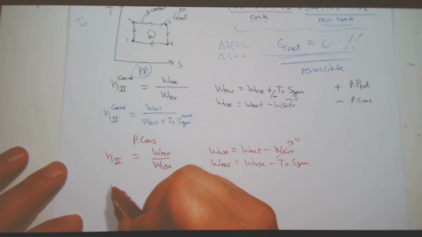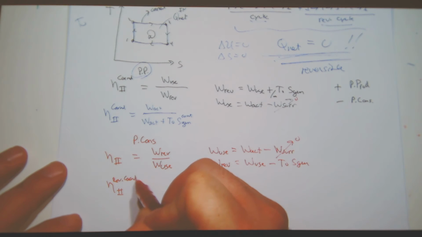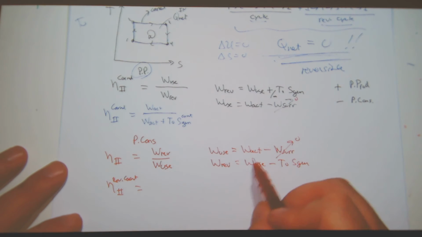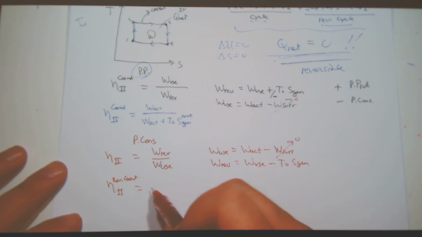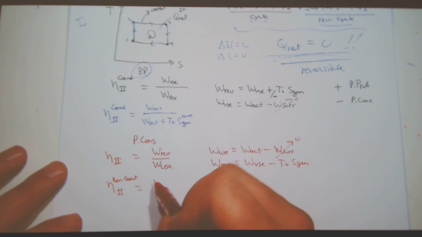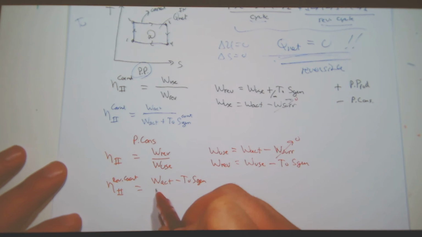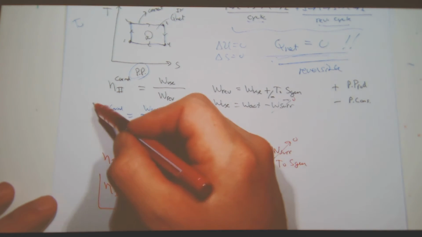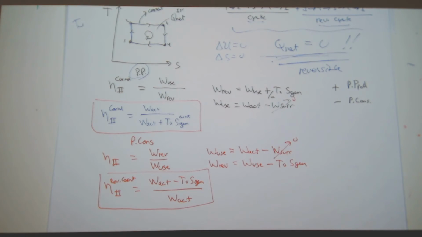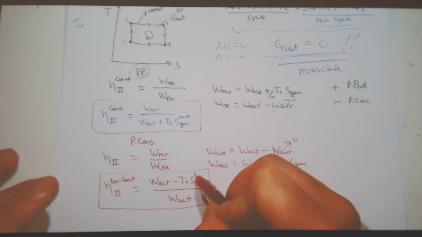So when I write this out, the second law efficiency for my reversed Carnot is going to equal, now you can see here that useful is equal to actual, so this ends up being work actual minus T naught S gen over work actual. So I have these two expressions, and I'm asking to compare S gen.